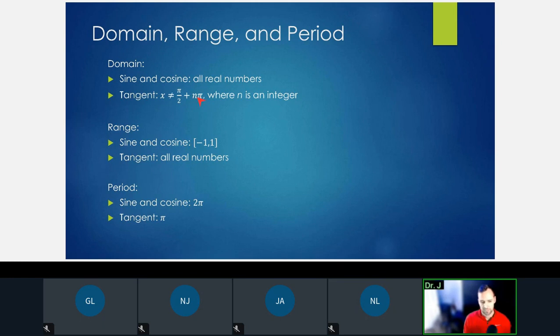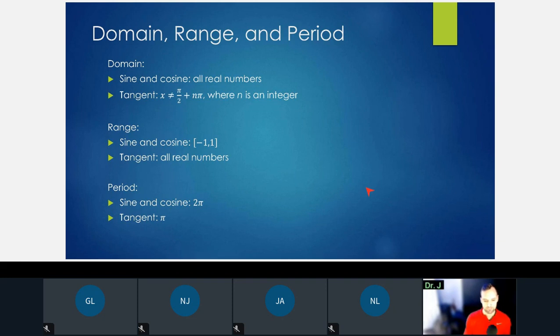N times pi. So on a unit circle, if I rotated pi every single time, how far are we rotating on the unit circle? 180 degrees. So if I said, all right, guys, we're going to rotate pi, that's a half a rotation.